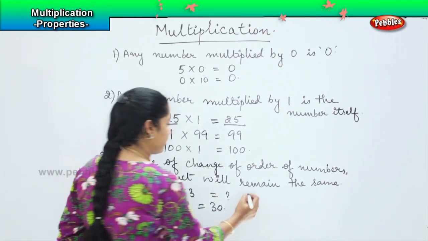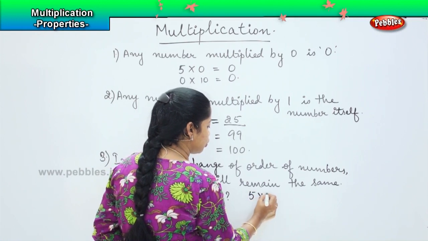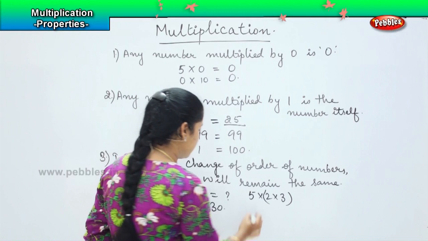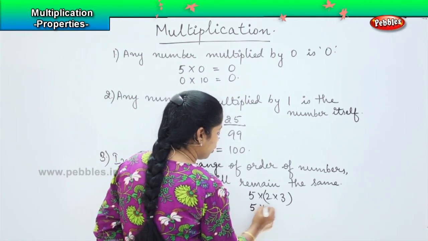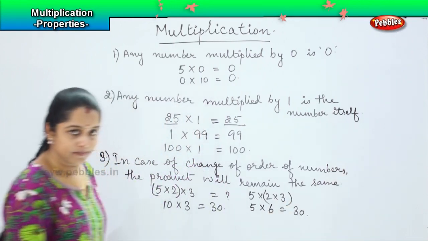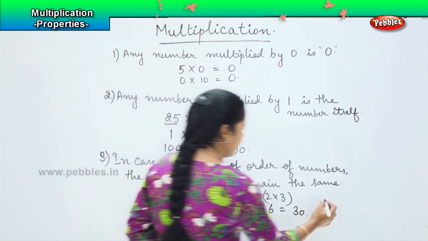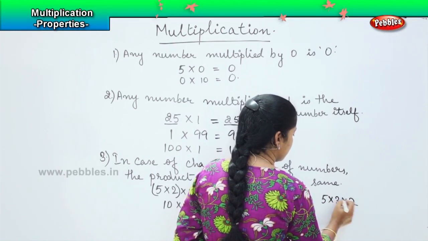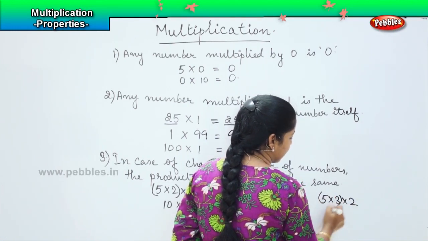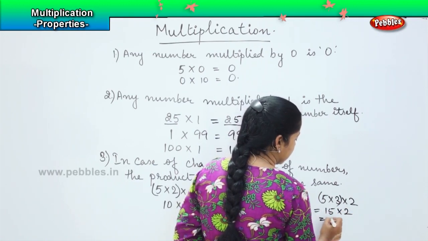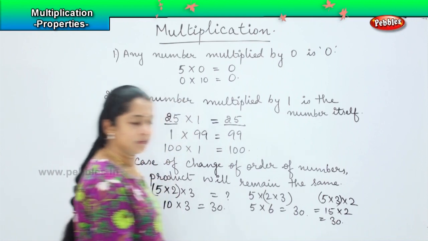Now, the same thing if I write 5 into 2 into 3 and I group 2 into 3, 2 into 3 is 6, and 5 into 6 is again 30. Or if I write 5 into 3 into 2, I group these two. So, 5 3s are 15 into 2, which is again 30.